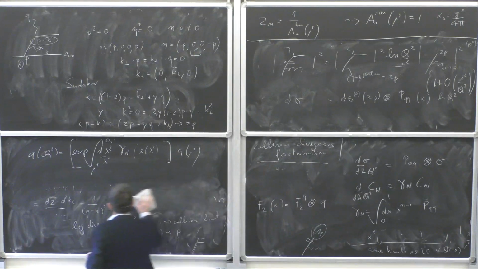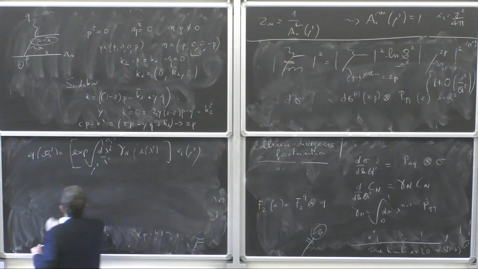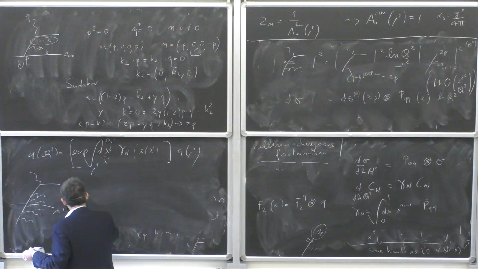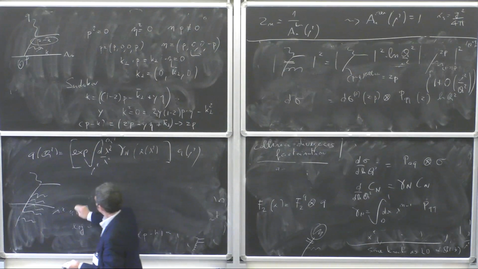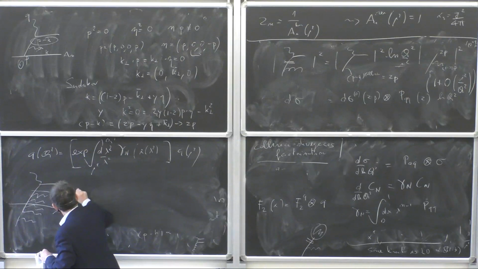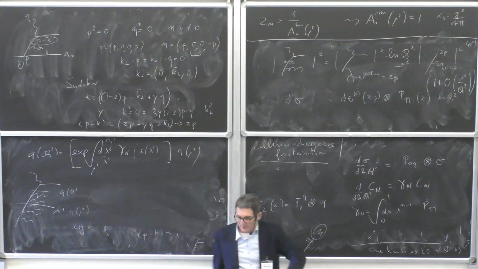What I'm actually doing is I'm looking at this process here, I'm iterating the emissions like this, and then I'm saying, okay, I set a scale here, I call this scale, let's say mu squared, and then everything which is below I put into my q of mu squared, and everything which is above I will put in my q of Q squared, and I'm just summing repeated emissions.